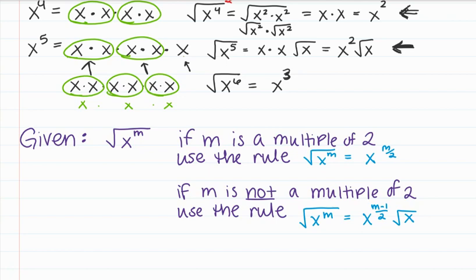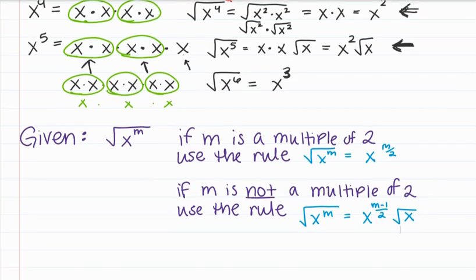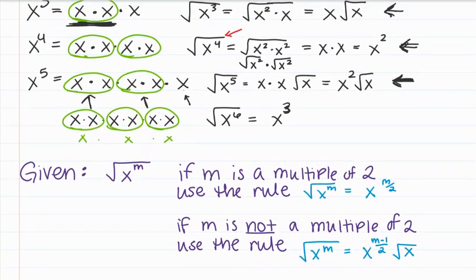So let's go look up above for a second to make sense of what's happening here. This was x to the 5th under the square root. If my exponent is not a multiple of 2, where it says m minus 1 over 2, that just means take the exponent, go 1 less, divide it in half.